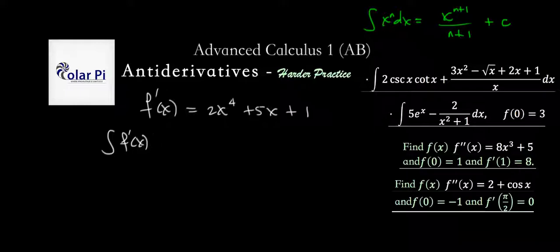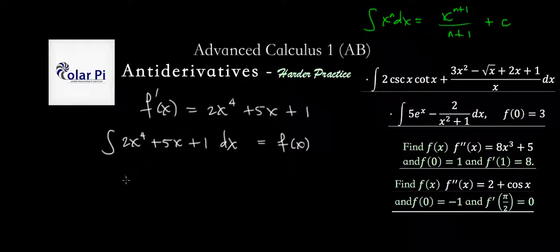Well, you know that. So I don't need to write what I just wrote. I could just get to it. So 2x to the 4th plus 5x plus 1 dx, right? Okay, and this is going to get me f of x plus c, right? And I can determine the specific c. It's going to be some polynomial with plus c, and that's f of x, but that's generic f.